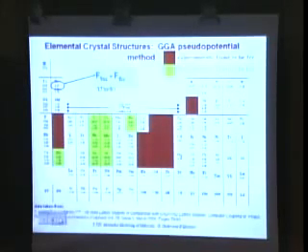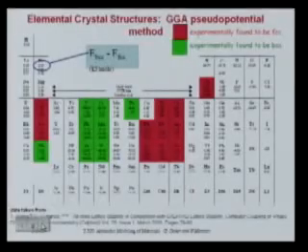Now, what I show you is the calculated energy difference between FCC and BCC, and it's actually the first line below every element, kind of like this. When that's positive, the BCC energy is higher than FCC, so FCC is preferred over BCC.